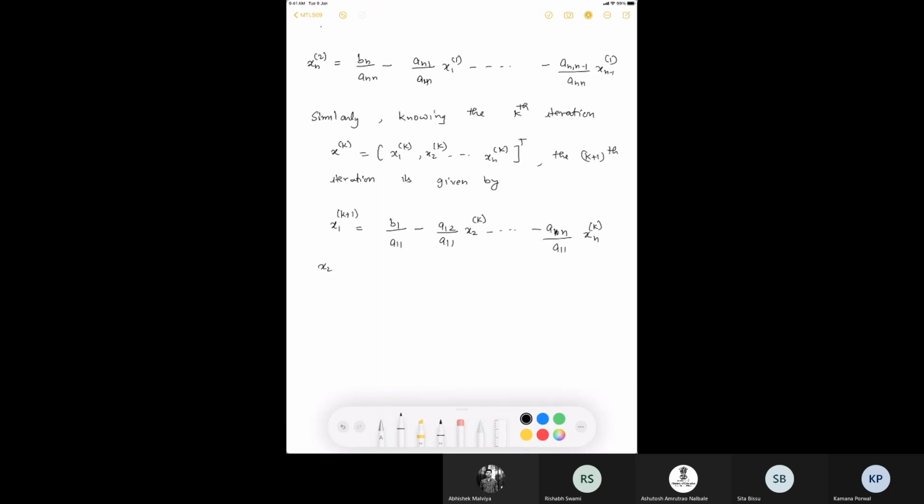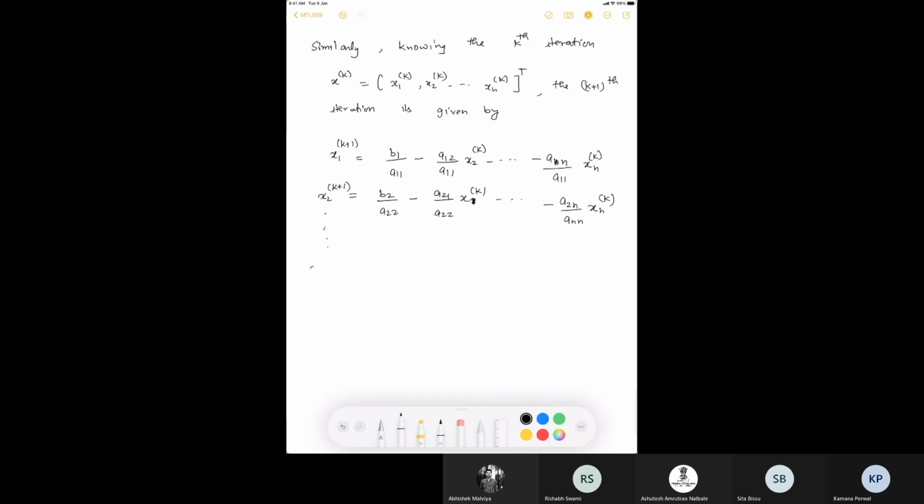Okay, x2 k plus 1 is going to be b2 divided by a22, minus a21 divided by a22 times x1k, and with the last term as a2n divided by a22 times xnk.